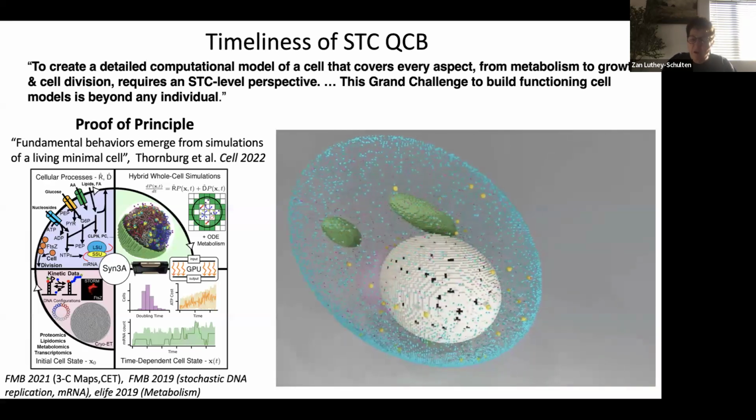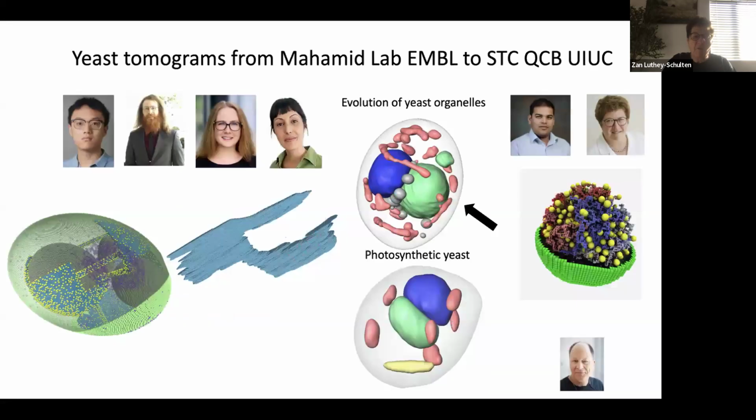Now, we have redone these simulations, but with some ER that's become available to us from Julia Mahamid and her postdoc that just visited us. And then Angad Mehta, one of my colleagues, had already made a photosynthetic yeast by putting a cyanobacteria into it. Now he's trying to build the minimal cell into yeast and see what it has to export and what has to change in the metabolism of both sides for them to accommodate each other.